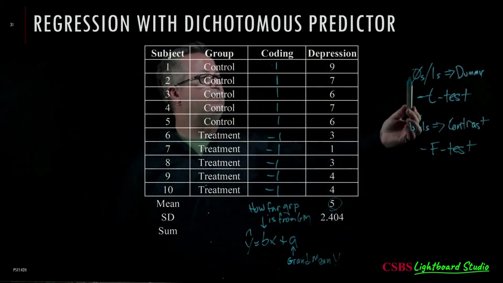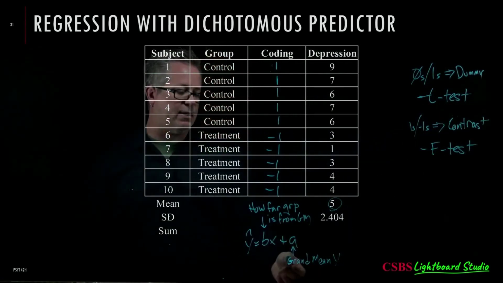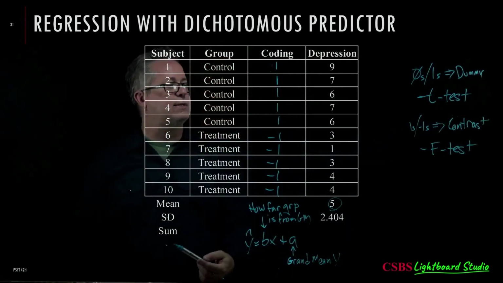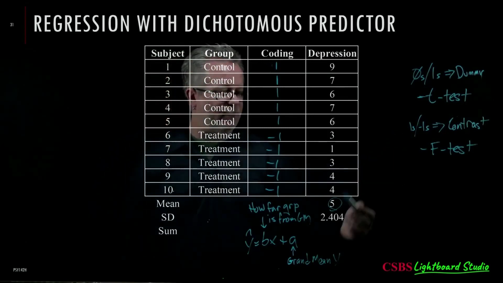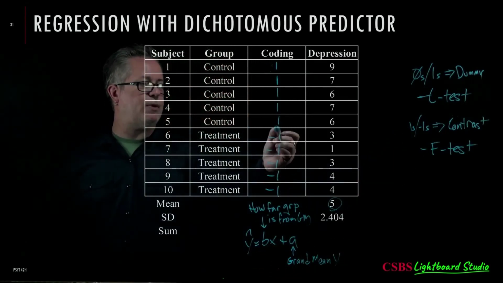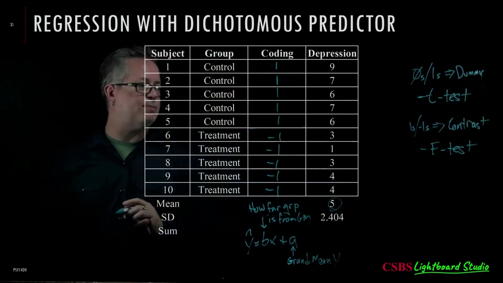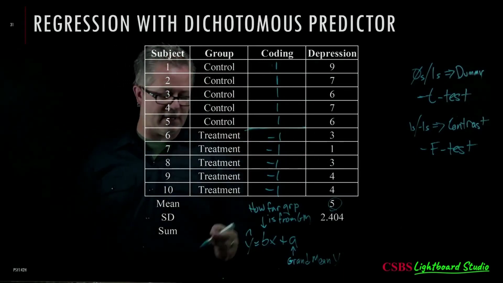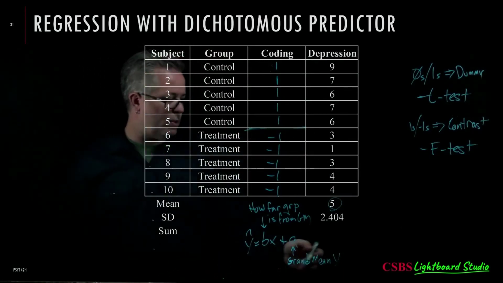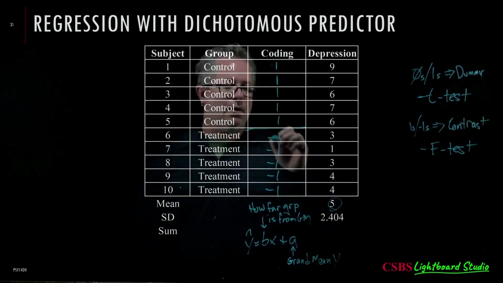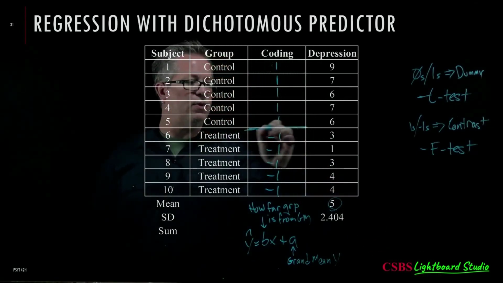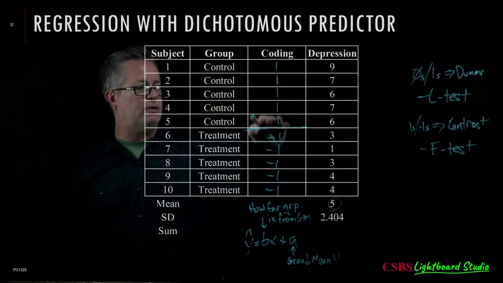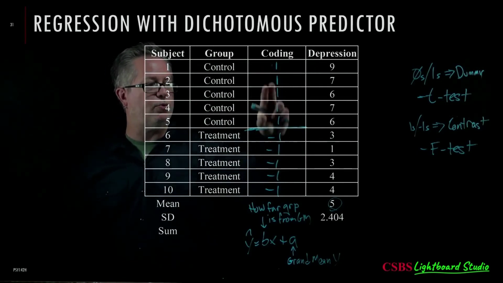So when we use zeros and ones, we're basically setting this up for a t-test. But if I use ones and negative ones, I'm now setting up some grand mean, a mean right in the center here, that is separated into two groups, and we're going to compare both groups to that center.